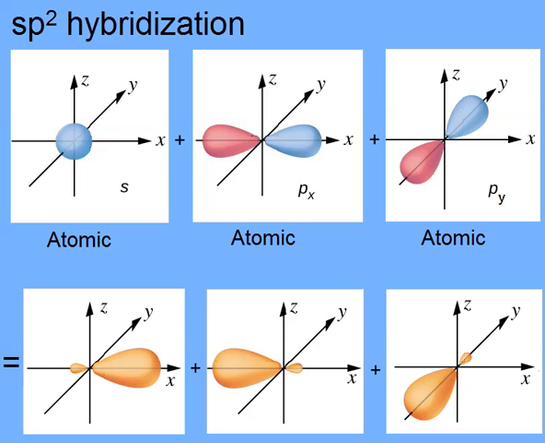And again, the number of atomic orbitals used will be equal to the number of hybrid orbitals which are produced. So with 3 atomic orbitals used, we get 3 hybrid orbitals.